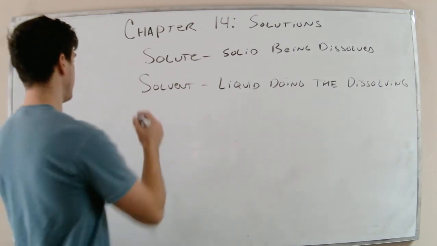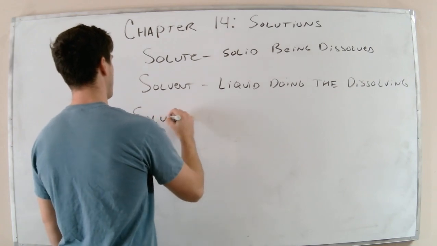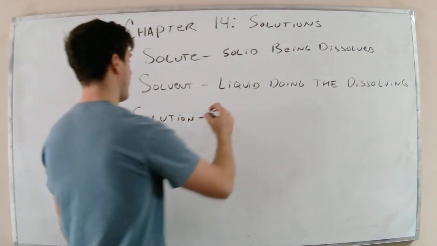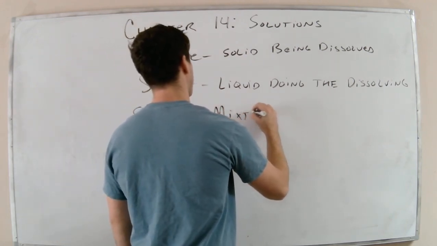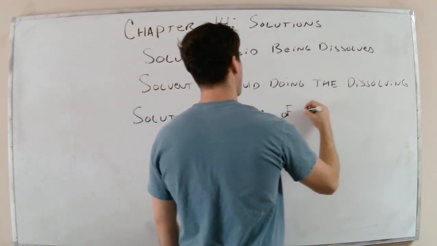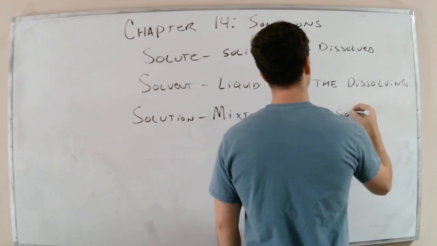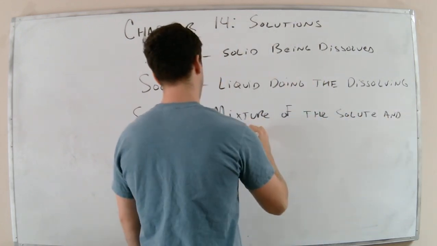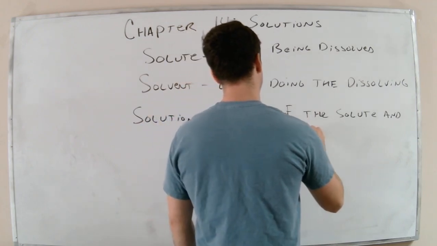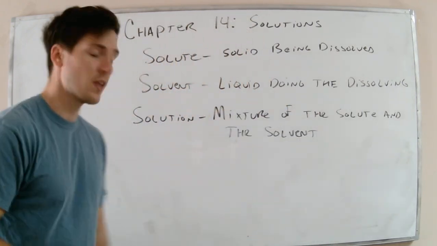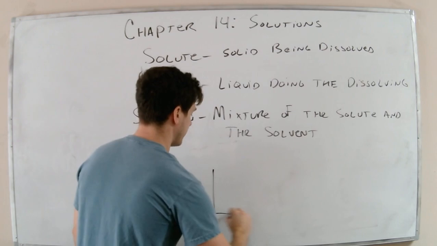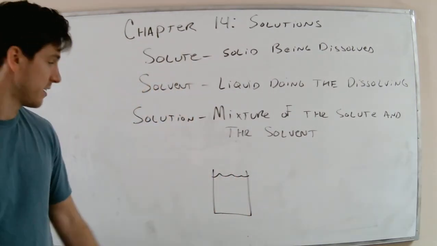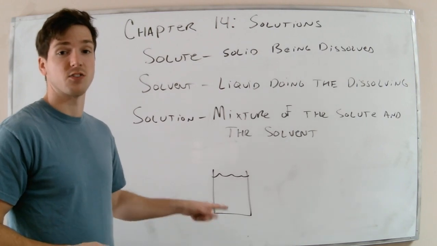The next thing is a solution. All right, what's a solution? It is a mixture of the solute and the solvent, right? So if we have our beaker here and it's filled with water, that water right there is our solvent.